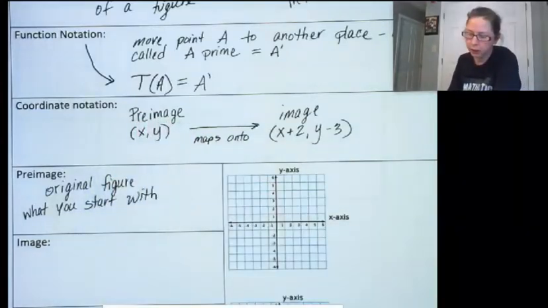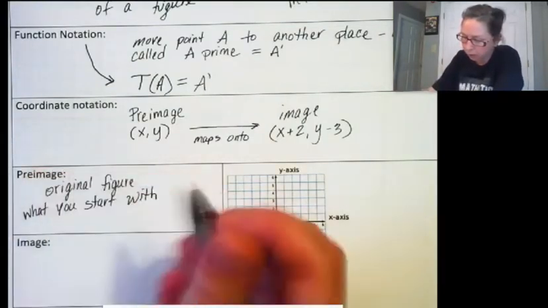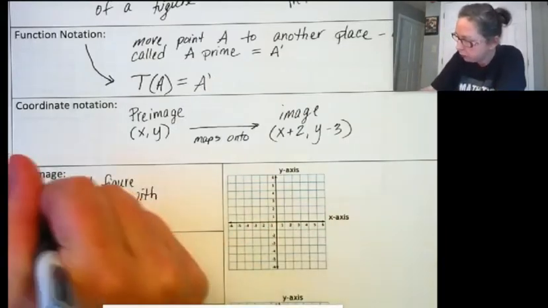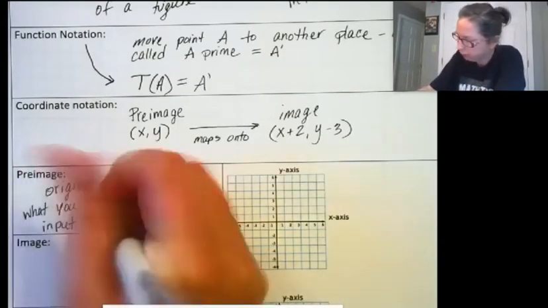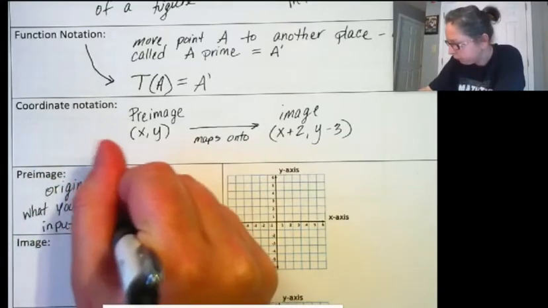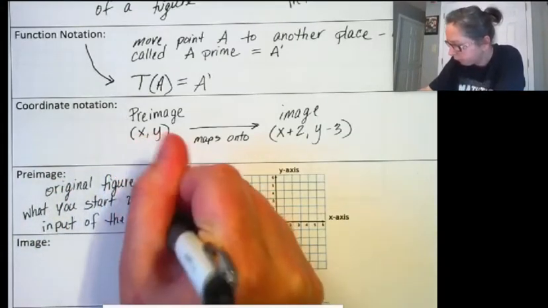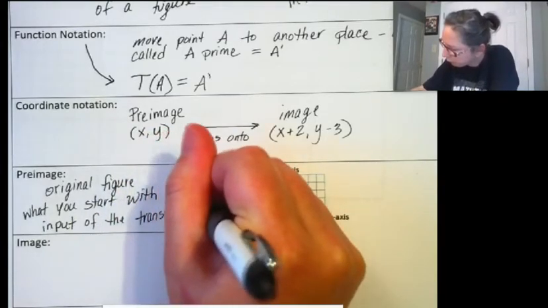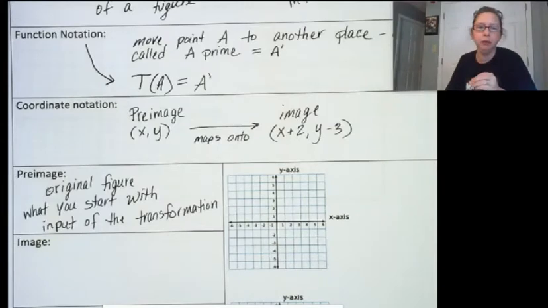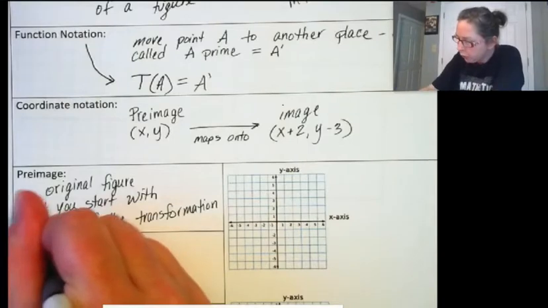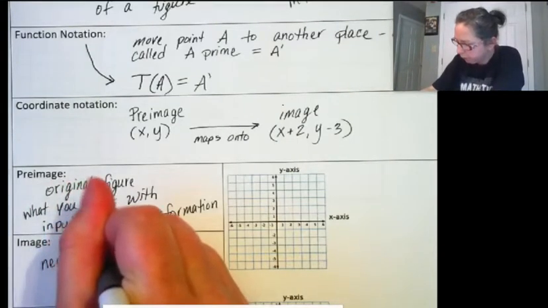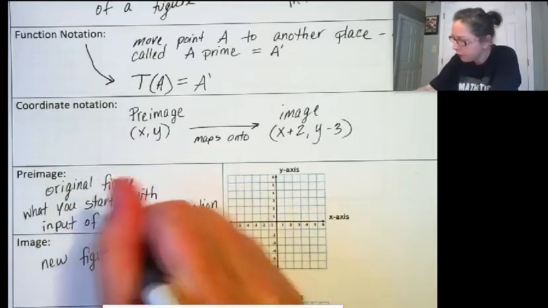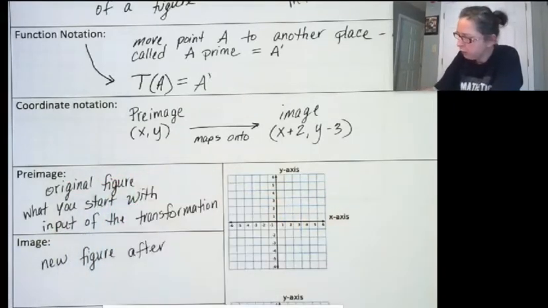Or if I was going to think about domain and range, my pre-image would be my input. Okay, so a pre-image. Now, what is an image? An image is the new figure after the translation.